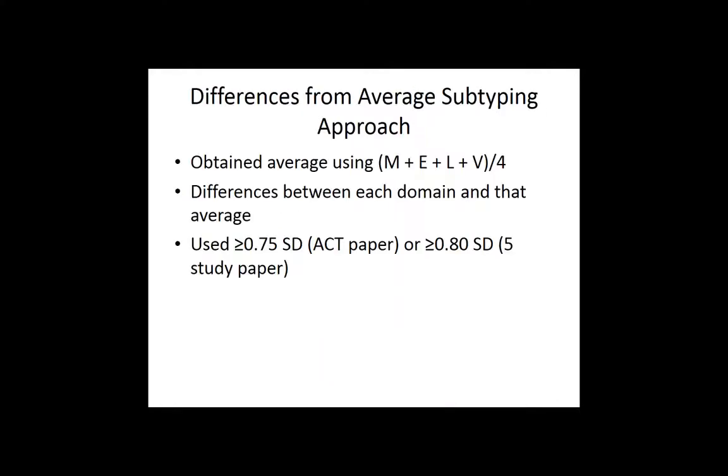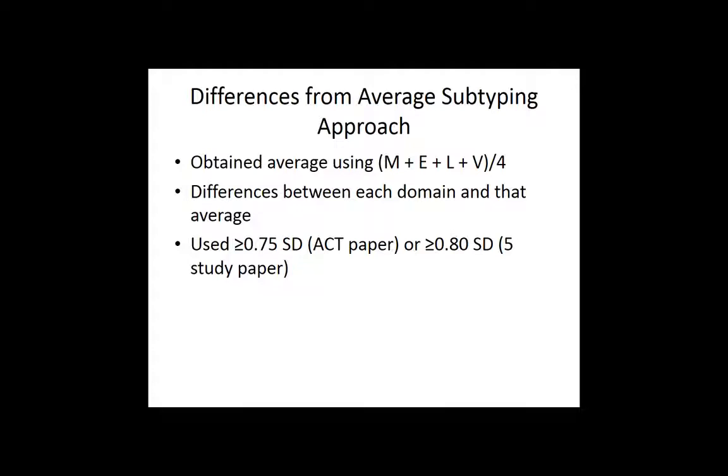And what we've done with them, why are we talking about this in a phenotyping talk, and in particular phenotypes that might be orthogonal to the case control phenotype, is we've obtained an average score for each person just by taking the numerical scores and dividing them by 4, and looking at differences between each domain and that average, and looking to see if any of an individual person's domain scores are far below where they should be for that person.